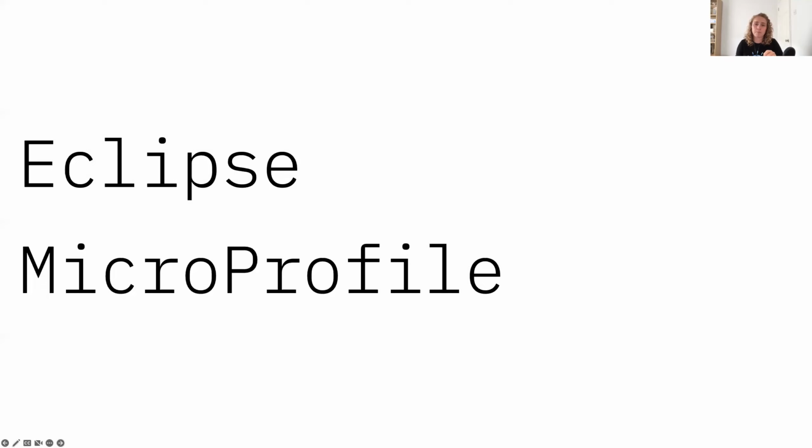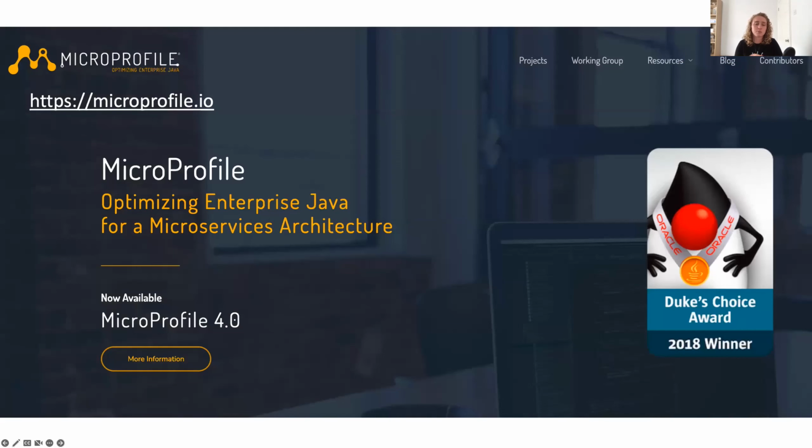So MicroProfile. If you've not come across Eclipse MicroProfile before, then essentially this is an open source project that's held under the Eclipse Foundation, and really it's been designed for the community, with the community in mind, and it's designed by the community, which is the great thing.